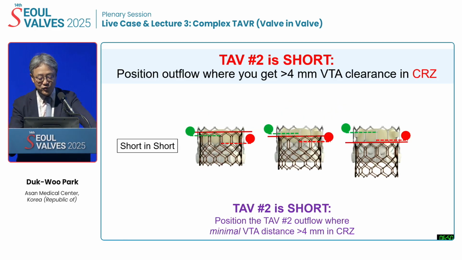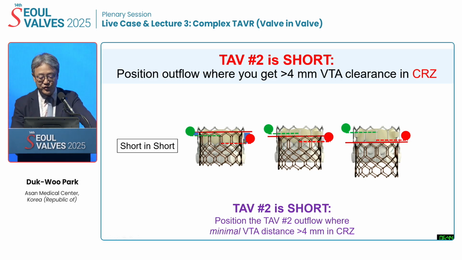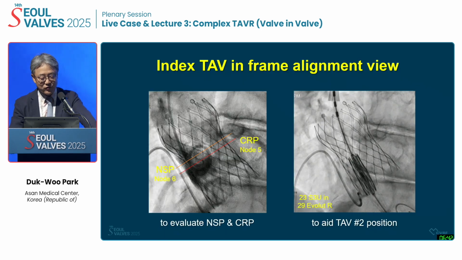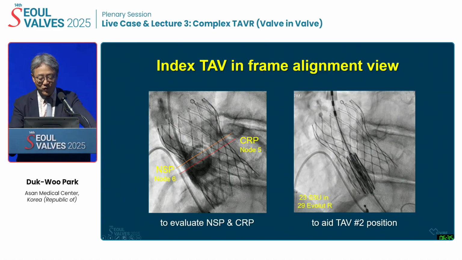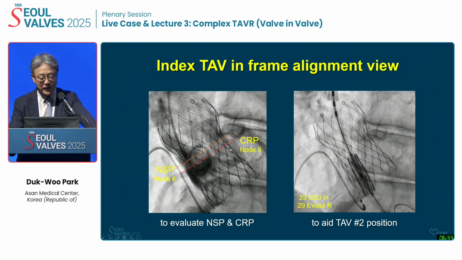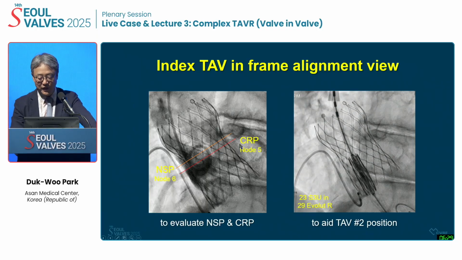In the short case, according to the second valve position and space, we should consider that, as shown in our live case, in the stent frame view. The frame alignment view is very important at the time of deployment. In this view, we measured the neo-scutal plane and the coronary risk plane.